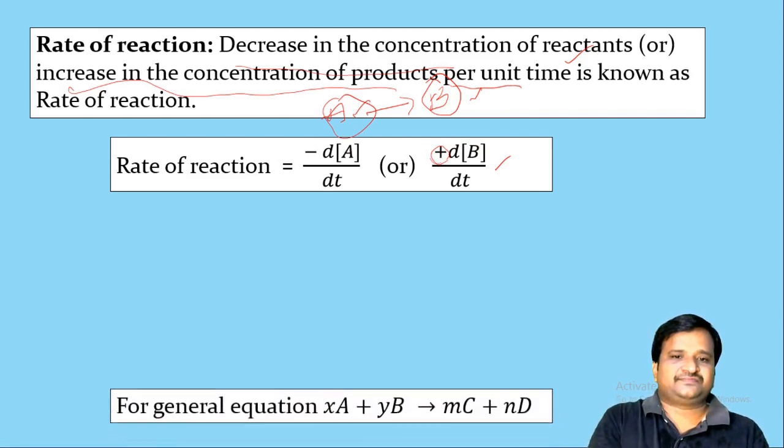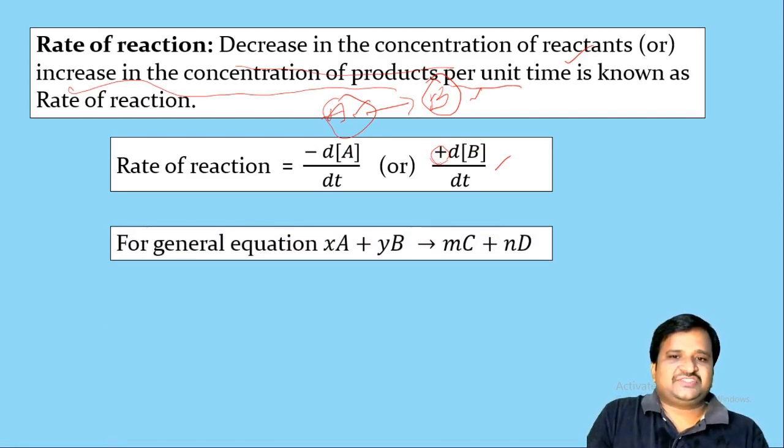Now take the general equation: x moles of A and y moles of B are converted to m moles of C and n moles of D. For this general equation, how can you write the rate of reaction?